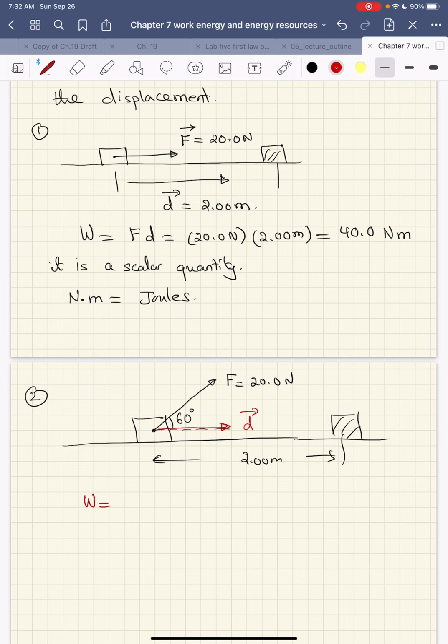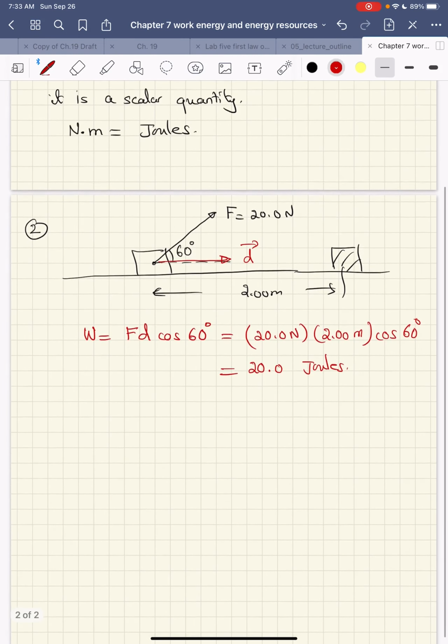Then it's going to be F d cosine 60. Here, before, it was cosine 0, and cosine 0 is 1. Here it is 20 times 2 times cosine 60, which is 1/2. Then this is going to be 20 joules. Then you can see that the work is actually, with increasing the angle, decreasing.